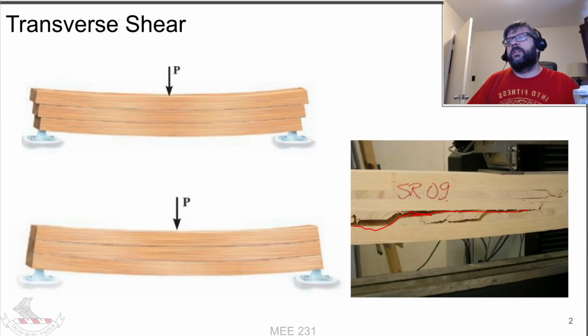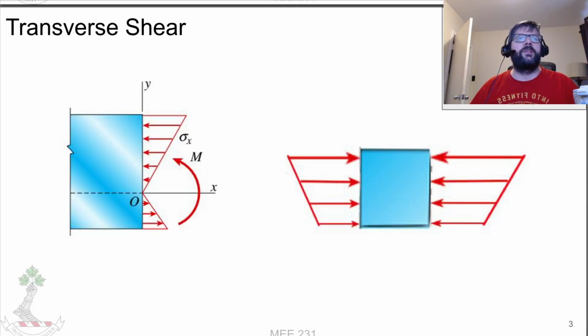So you'll recall what we talked about for bending. We're going to get some sort of distribution of the force caused by that bending. In this case, we've got a positive moment, so we're causing a compressive force at the top. If we look at this little cube at the top here, assume we're not in a pure bending situation, but in a situation where the bending is changing over the distance of the beam because we have a shear load applied to it.